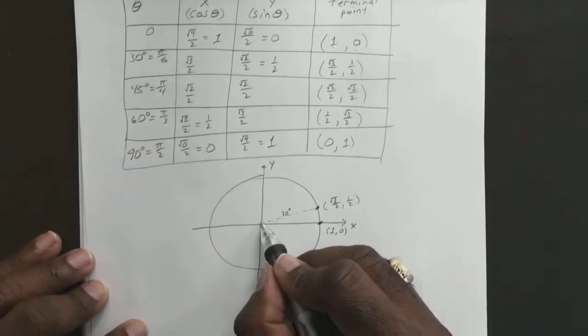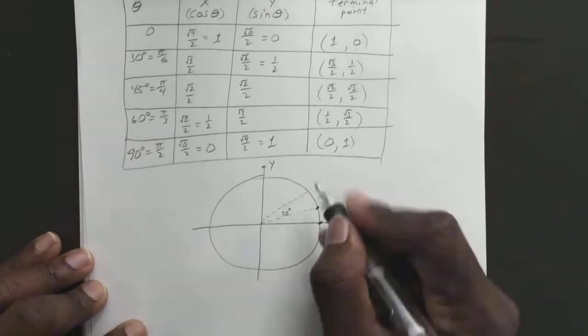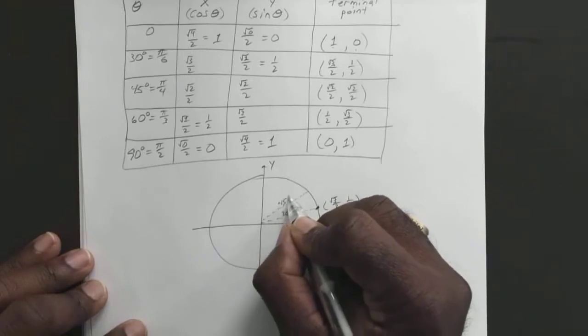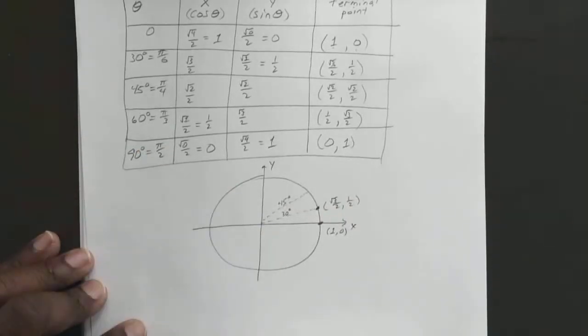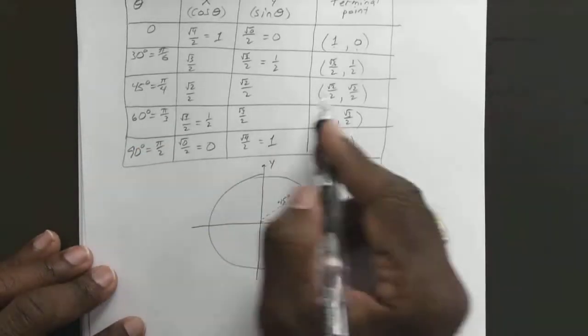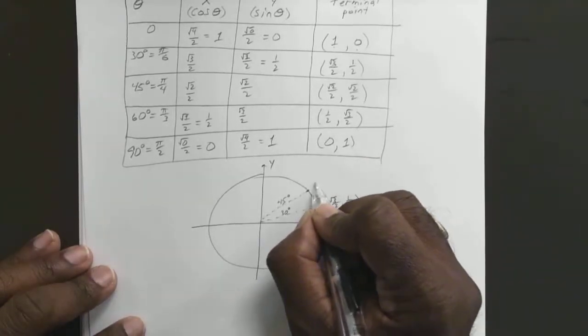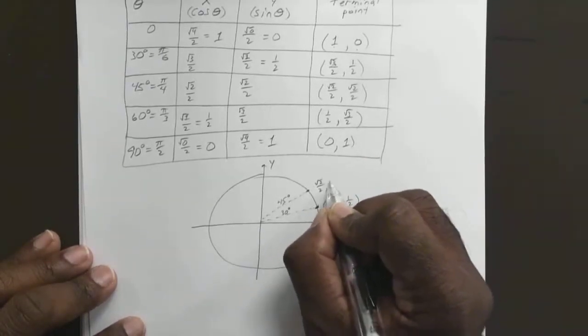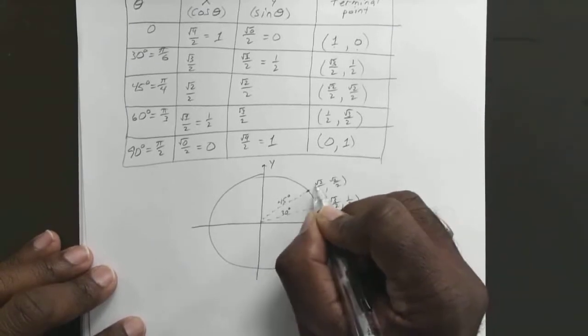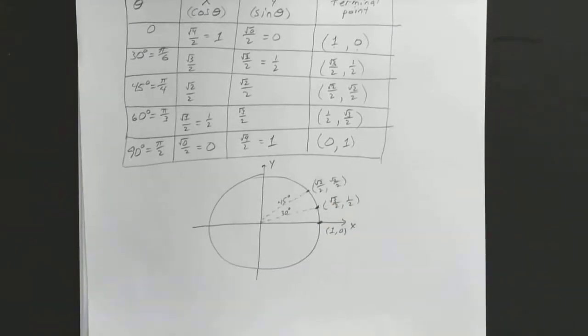Okay. At 45 degrees, which is a little bit higher, or you can write it as pi over 4, we know it's square root of 2, square root of 2. So square root of 2 over 2, square root of 2 over 2. Okay.